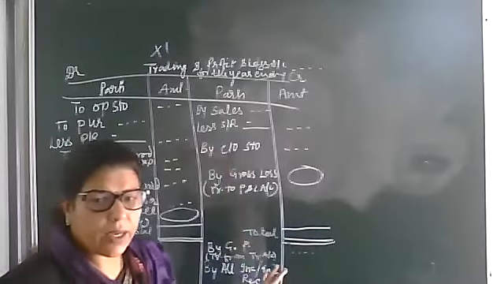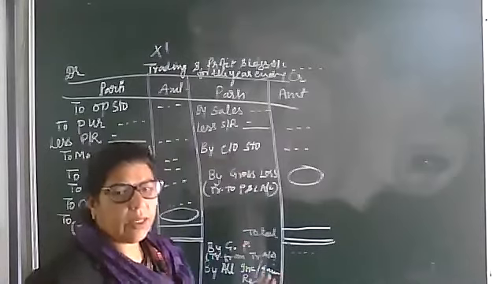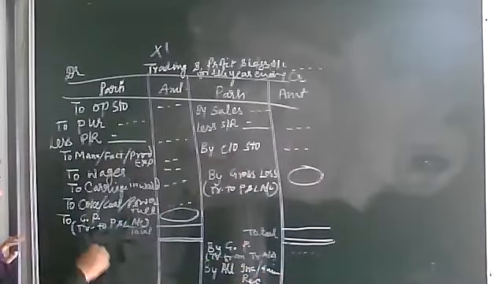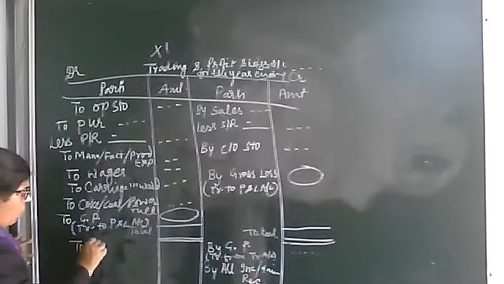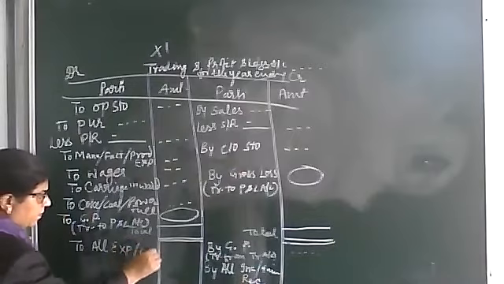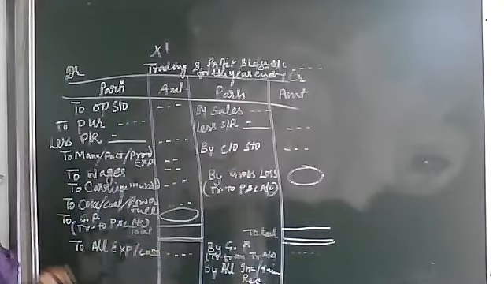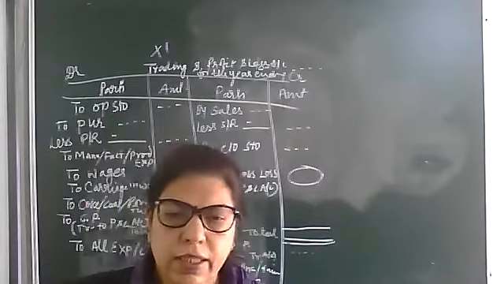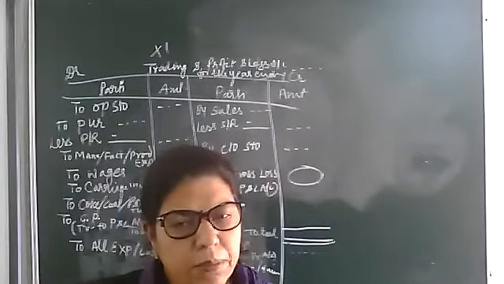Now if we are writing income this side, naturally all expenses and losses will be this side. Clear? So all expenses and losses. Now tell me, what are the expenses incurred in a business?